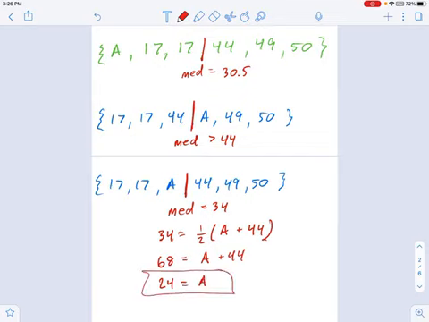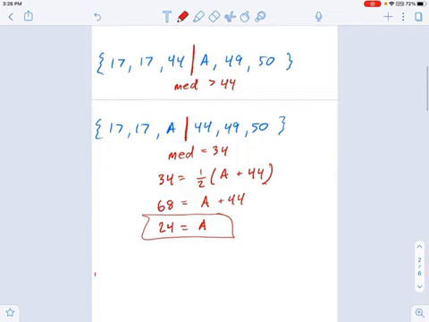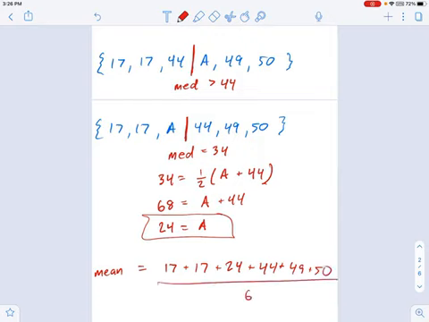Now we know all the numbers in this list, and we can just add them up and find the mean. I'm going to say the mean of this list equals 17 plus 17 plus 24 plus 44 plus 49 plus 50. Add those all up, divide by 6.